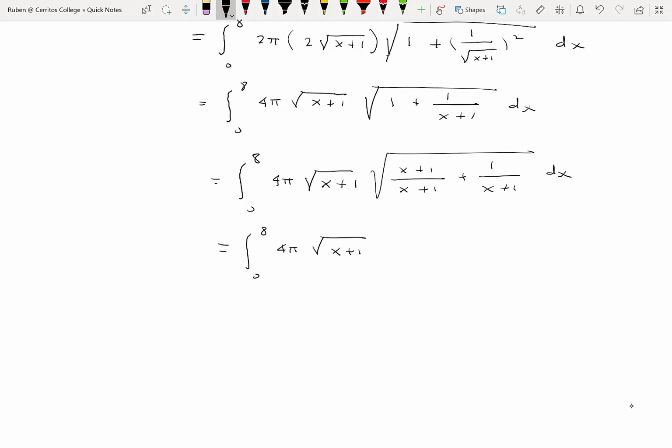Now here's where we get the good stuff happening. In the numerator we have x plus 2. We can split this into a fraction with 2 radicals. And here's the nice part. This integral now is simply 4 pi.